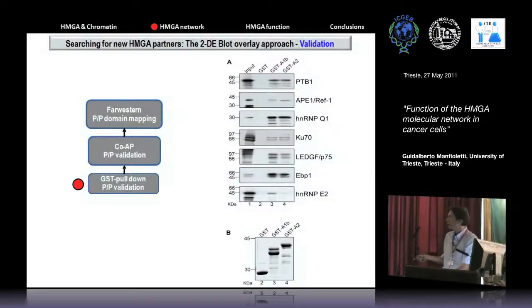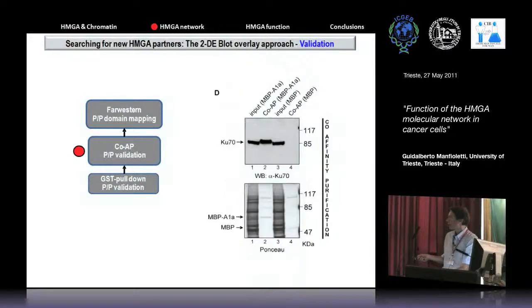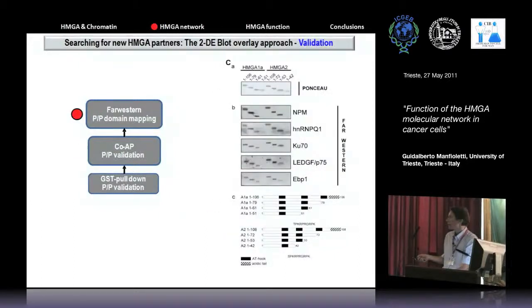And as you can see here, all of the proteins tested interacted in GST pull-down with HMGA proteins. We also validated this interaction in vivo using co-affinity purification and mapped the interaction domain in HMGA protein.